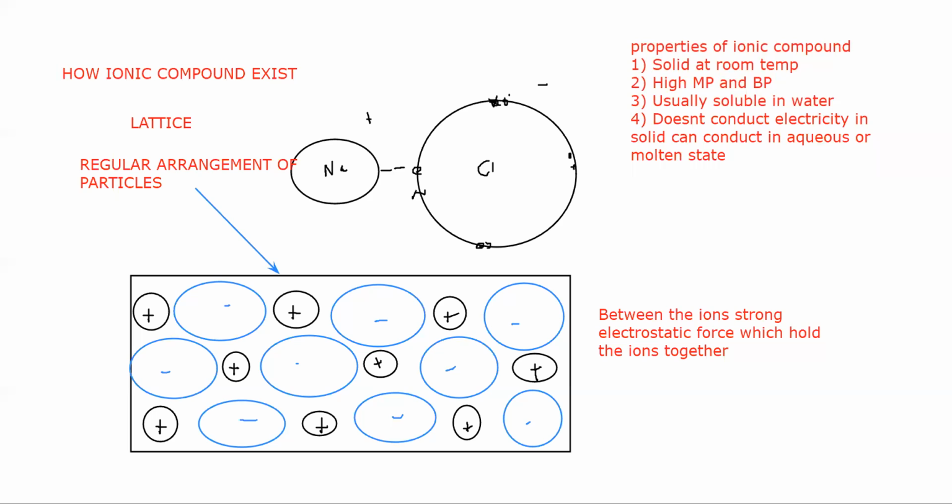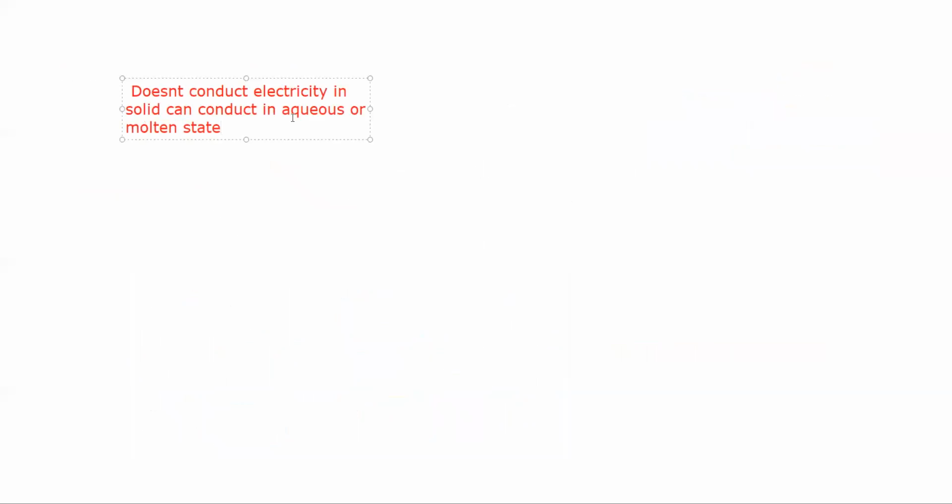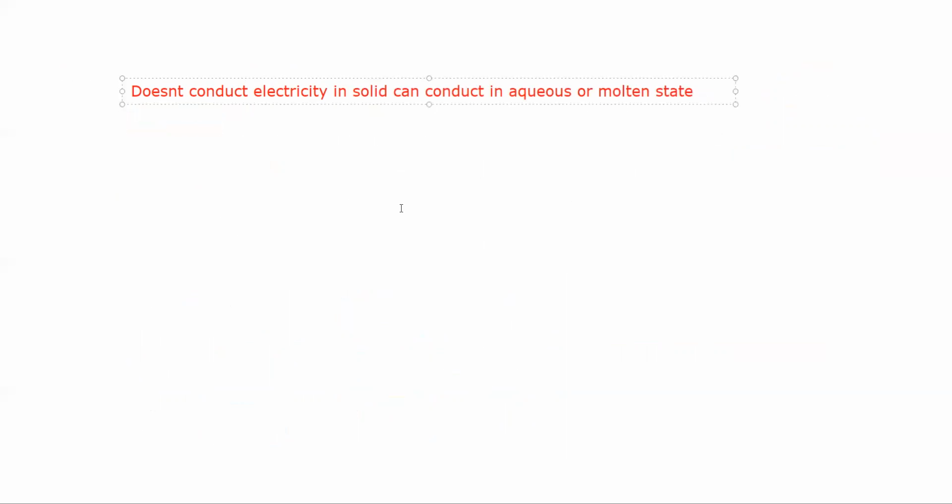So the reason why the ionic compound does not conduct electricity in solid but can conduct in aqueous or molten state is that in solid, ions can only vibrate, but are not free to move.